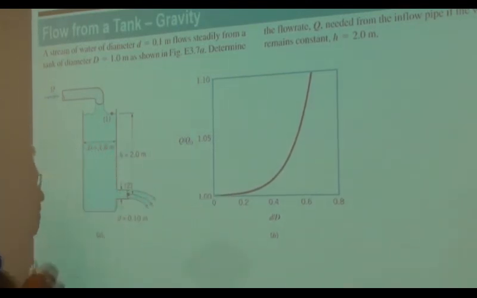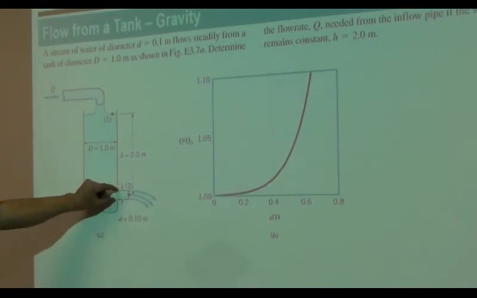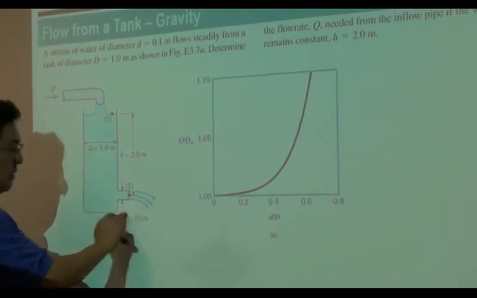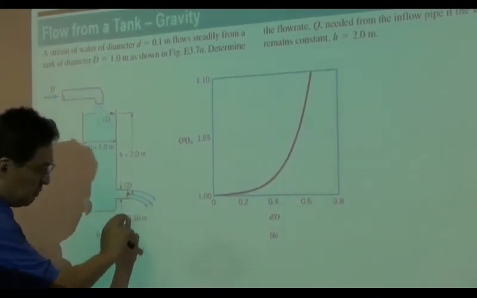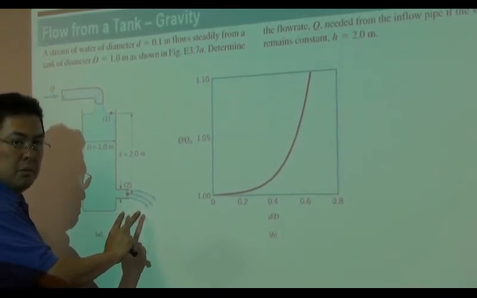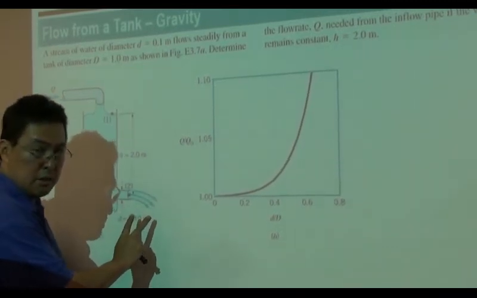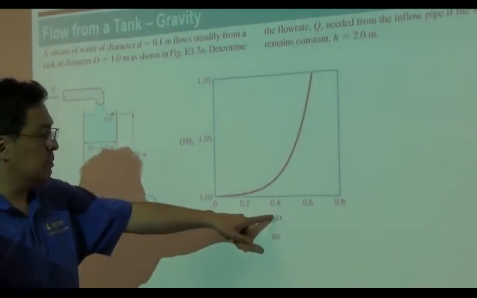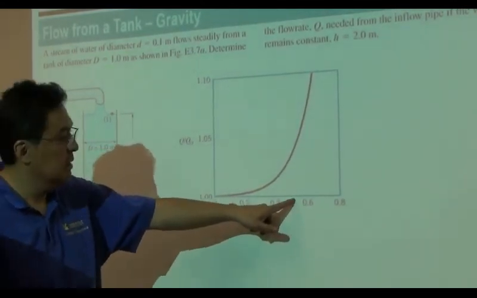But suppose, okay, this diameter D is 0.5 meter instead. I can easily erase this 0.1, put the 0.5 here, to make a midterm exam problem. What happens if I do that? All of a sudden, the ratio becomes 0.5, right?